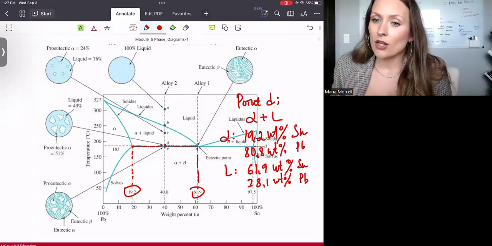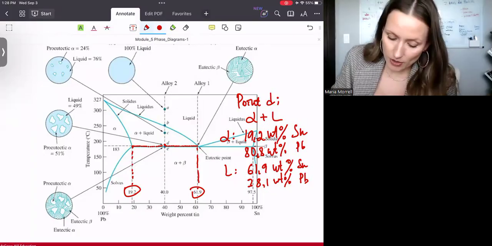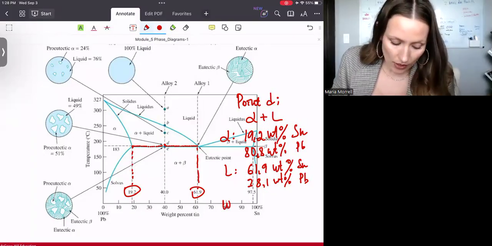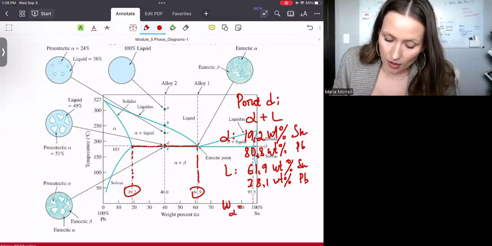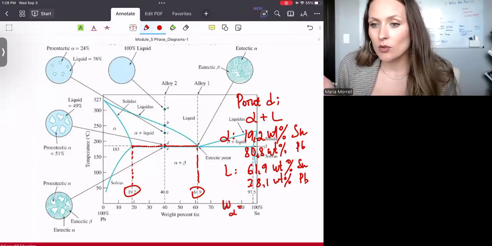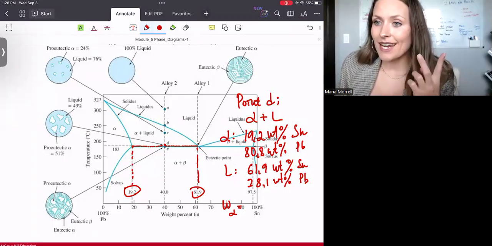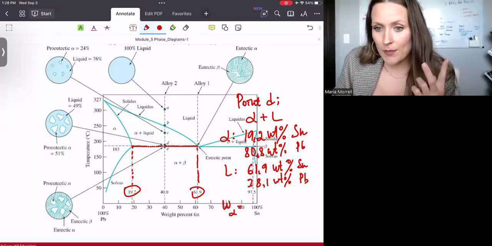The last thing that I can do is that now I can identify the amount of each phase present, or the weight fraction. For the alpha, keep in mind is that we're going to be applying the lever rule, right? So since I'm looking at the solid, I'm going to be using the numbers of the opposite end of the tie line.